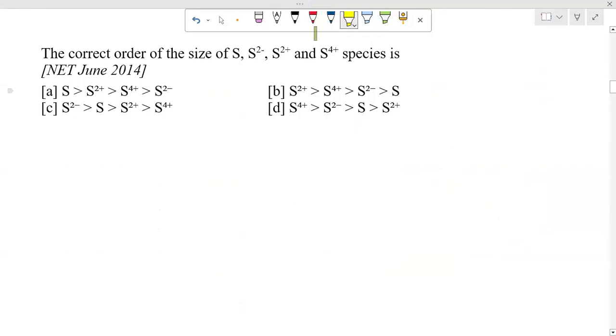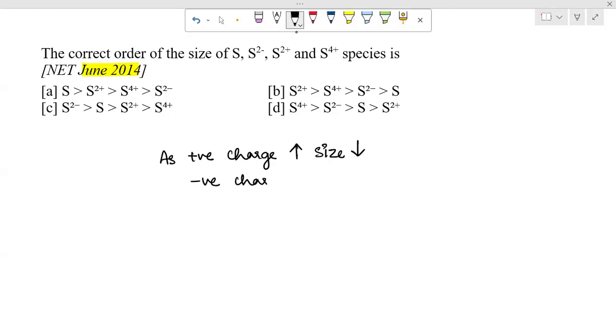Easy question. The correct order of the sizes of S2 minus, S2 plus and S4 plus species is, question asked in June 2014. So we already know that as positive charge increases on a particular species, the size decreases. And as negative charge increases, your size also increases.